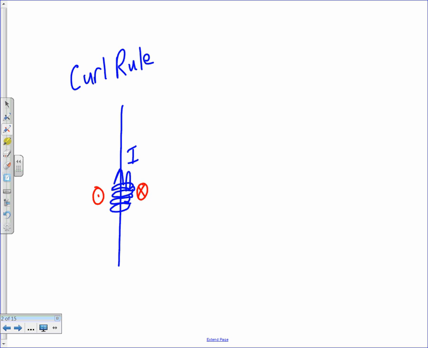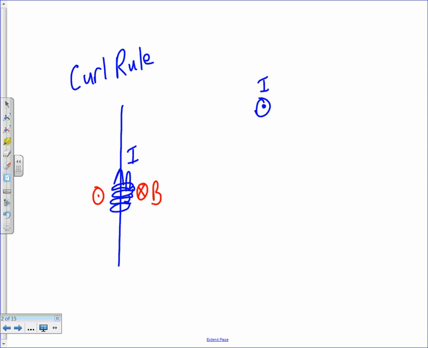Sometimes your current-carrying wire looks like this. That's a wire coming out of the page, in which case you're not using the palm rule, you're using the curl rule.